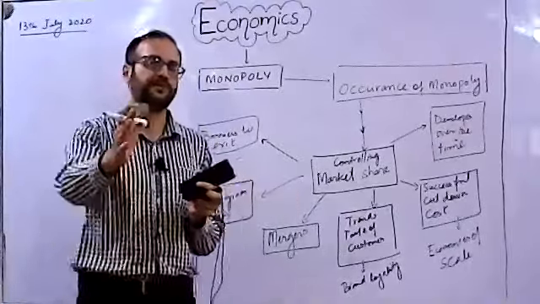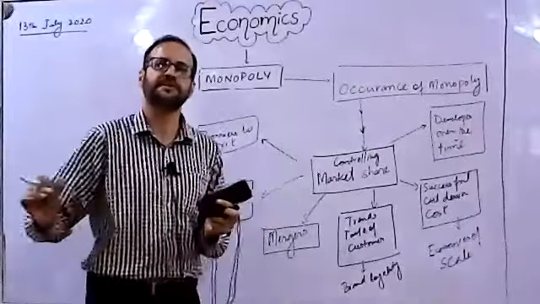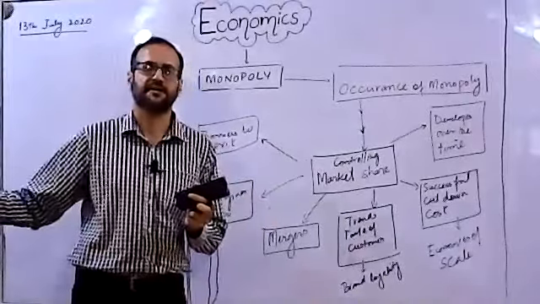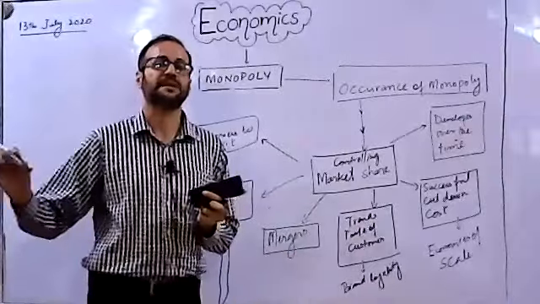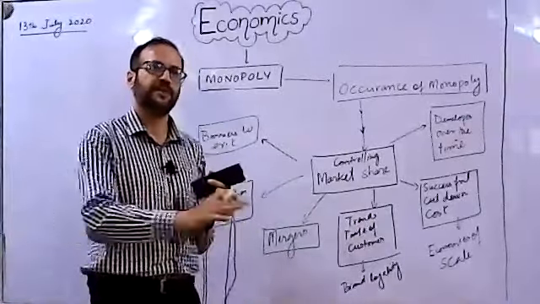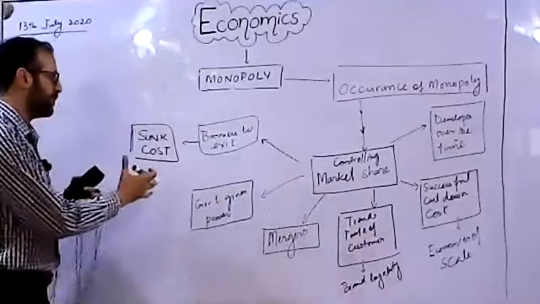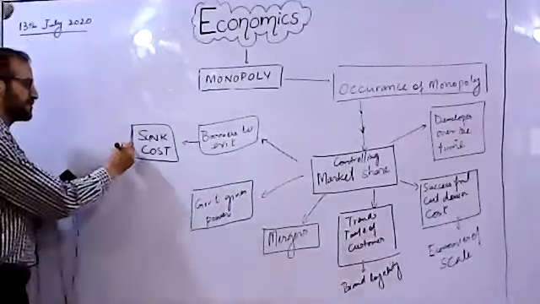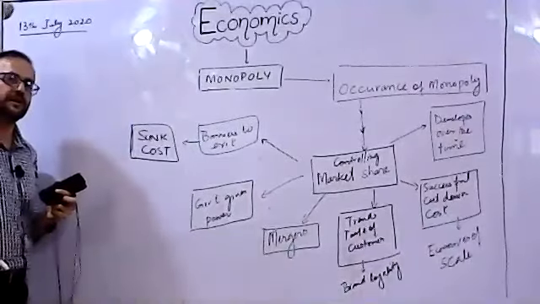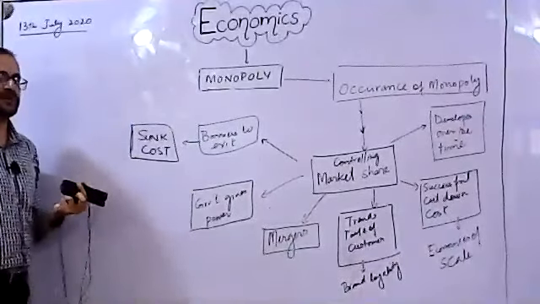Otherwise, what happens? If you start a business, you buy some buildings and plants and machineries, and if you want to dissolve your business, you can sell them out and you can pay all your liabilities. But in a monopoly, sometimes there are some sunk costs which you are going to bear, which will not be recoverable.